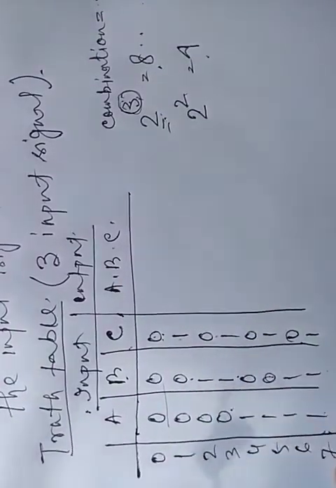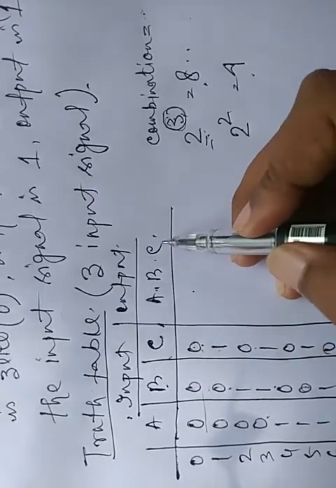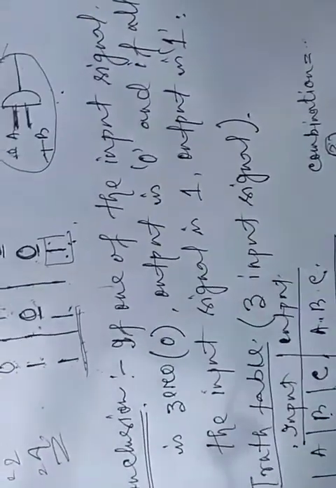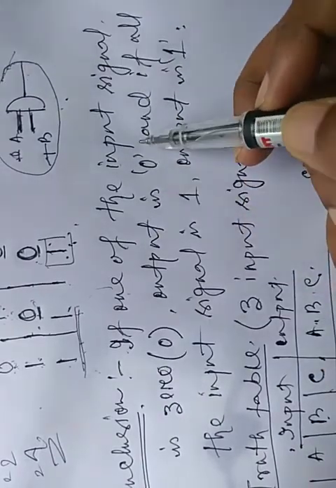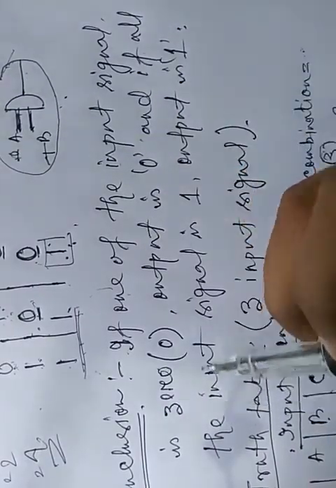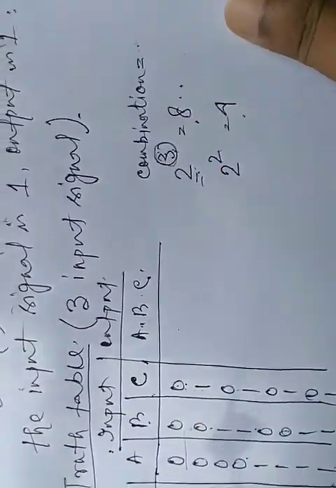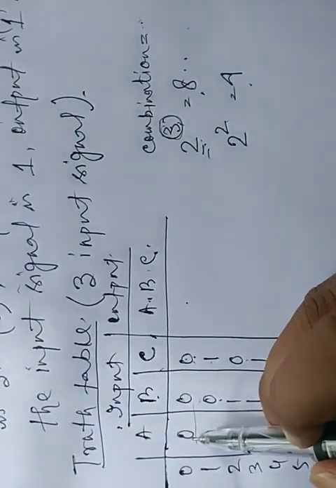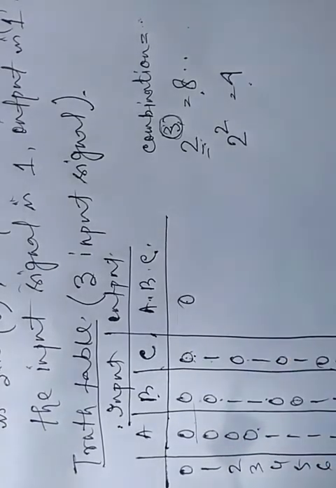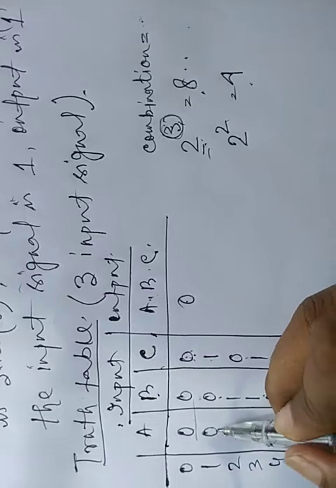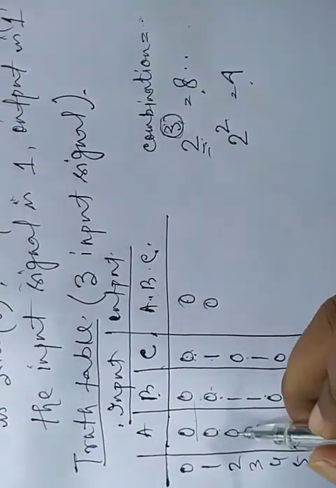Okay, so here A dot B dot C means our logic is: if one of the input signals is 0, output is 0, and if all the input signals are 1, output is 1. Here in 0 0 0, all the input signals are 0, obviously output is 0. Here 0 0 1, two input signals are 0, output is 0.